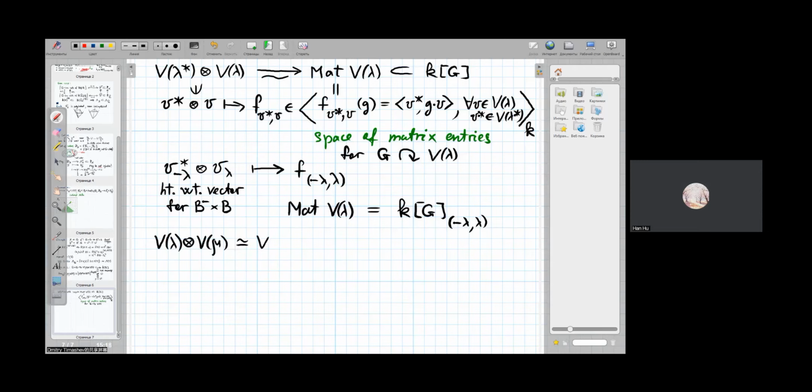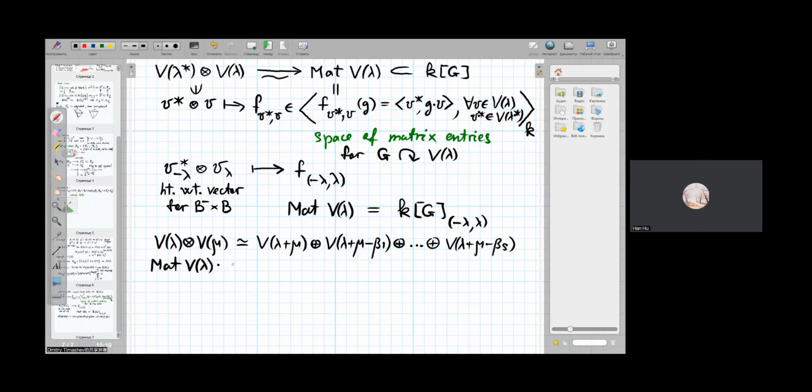It decomposes as V of lambda plus mu plus V of lambda plus mu minus beta 1 plus so on plus V of lambda plus mu minus beta s, where these beta j's are sums of positive roots, as we already know. And what is the product of the respective spaces of matrix entries?